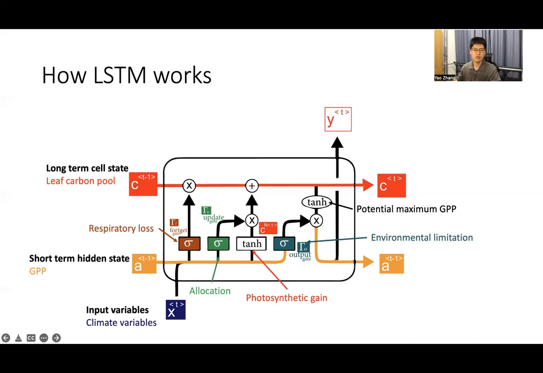With this updated cell states and the new hidden states, these two will be passed to the next time step for the new prediction. Please note that this is only what we assume the model will do. But does the model really represent this information during the training? We don't know.